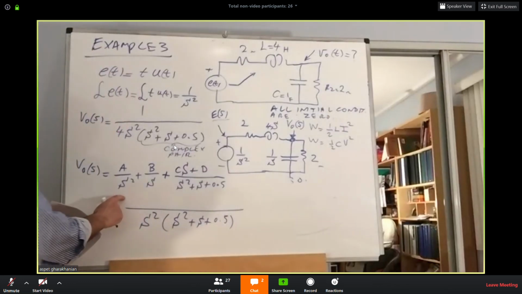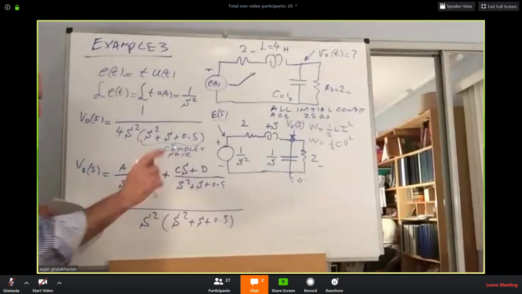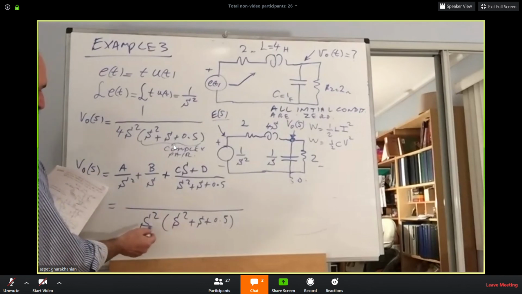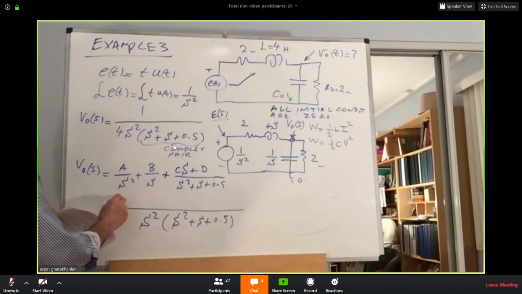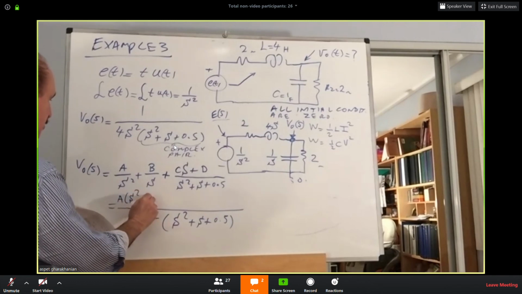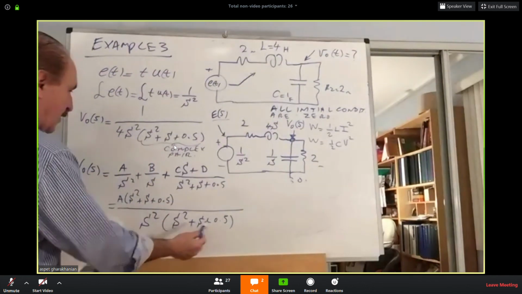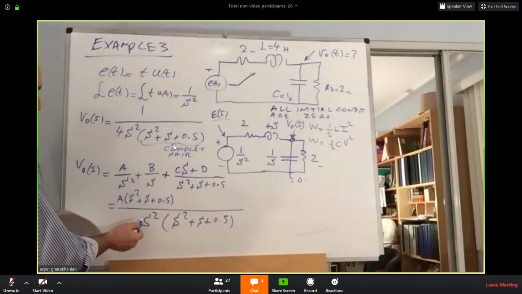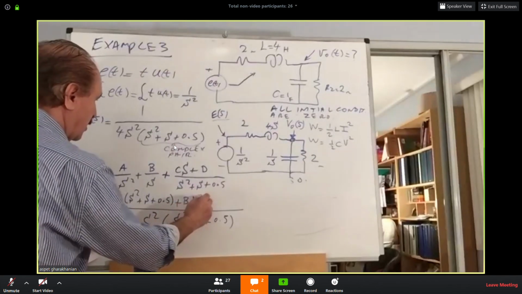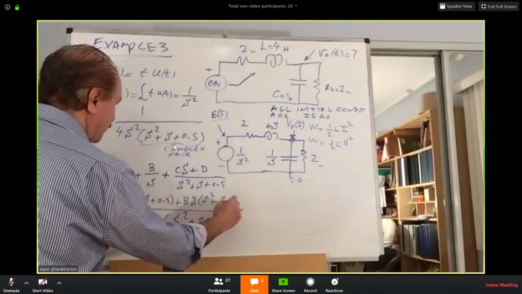And then start creating the numerator based on A, B, C, and D, all of them together. So that divided by this, you will get A times S squared plus S plus half. This whole lot divided by that cancels S, so you get B S times S squared plus S plus half.